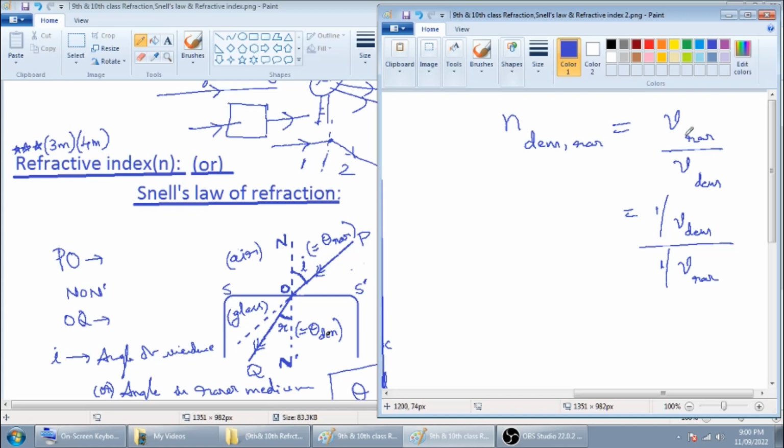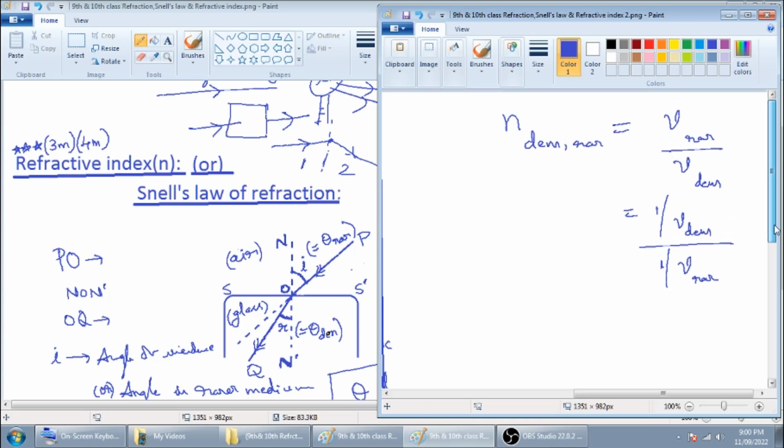It's something like A by B is 1 by B by 1 by A. The reason is here, 1 by V denser by 1 by V rarer. 1 by V rarer, you take to the numerator, it will become V rarer by 1. Again when you multiply, we get back V rarer by V denser. The same thing we'll be getting. So just think of this, it will not be difficult. It can be understood easily. So this way it can be written.